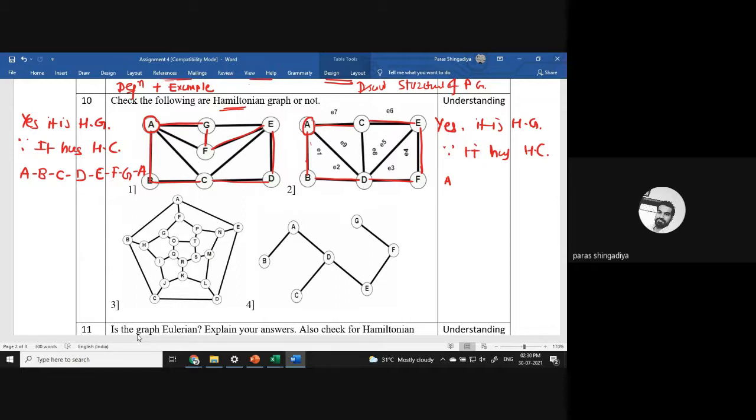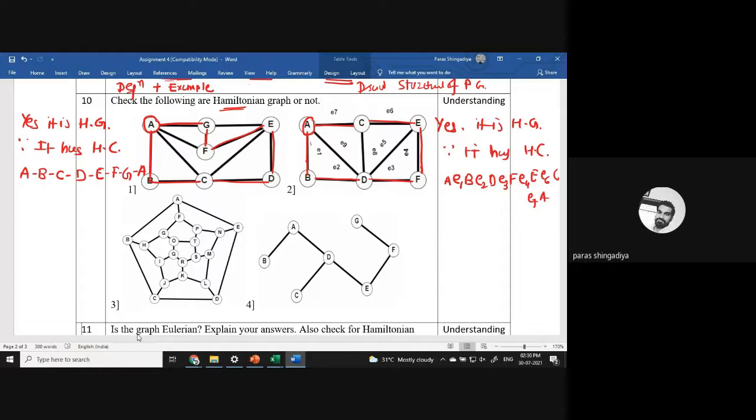So A to B is e1, then after B to D, then after D to F, F to E, E to C, and C to A. That is your Hamiltonian circuit. So the second graph is also Hamiltonian.